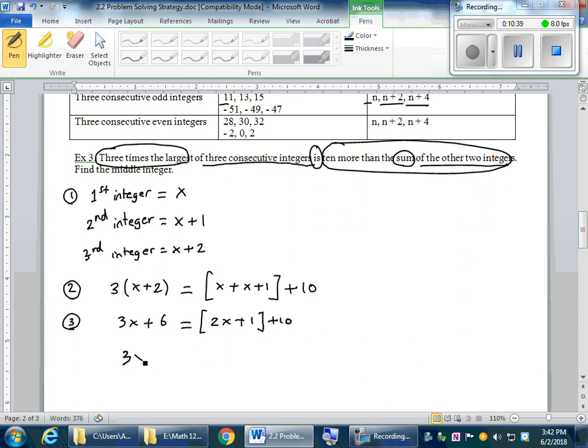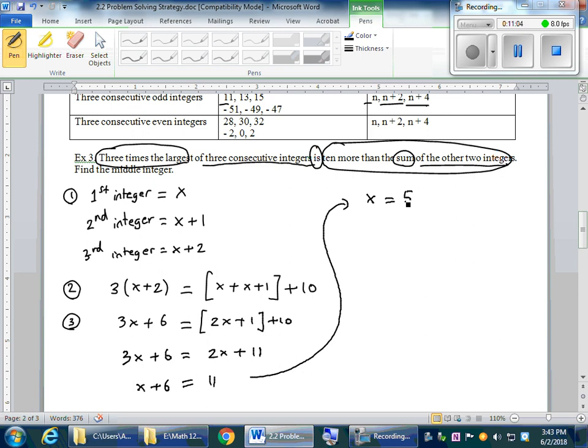Now, we simplify everything, so it'll be 2x, 1 plus 10 will be 11. Subtract 2x from both sides. That will become x plus 6 is equal to 11. And then subtract 6 from both sides. So therefore, I got x is equal to 5.